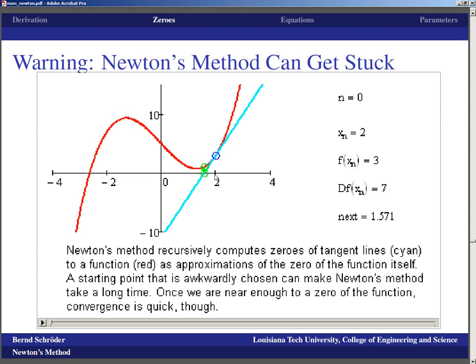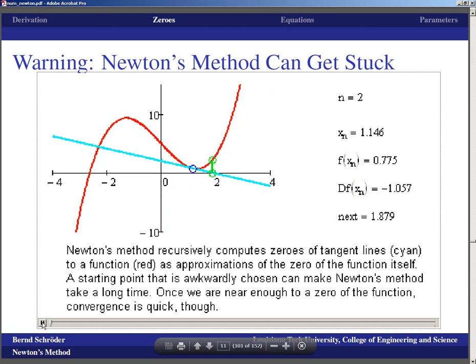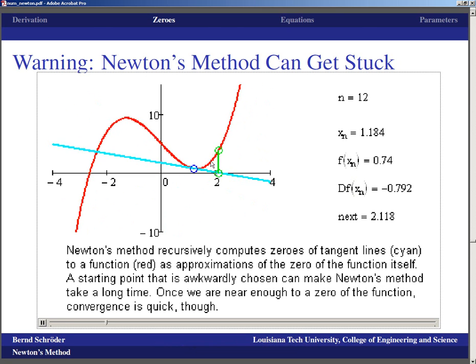So now let's see what happens if we start Newton's method at x equals 2. Well, then this animation shows that we keep computing tangent lines that keep having zeros near 2, and we're not getting anywhere near 0. The thing is just stuck.